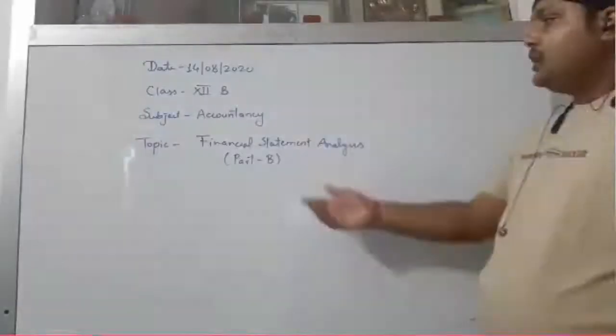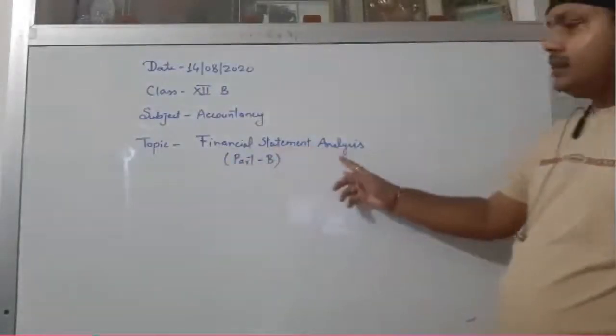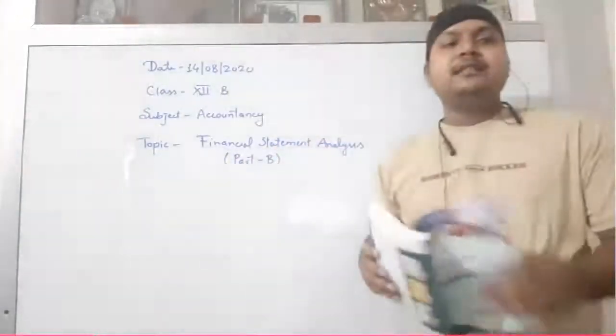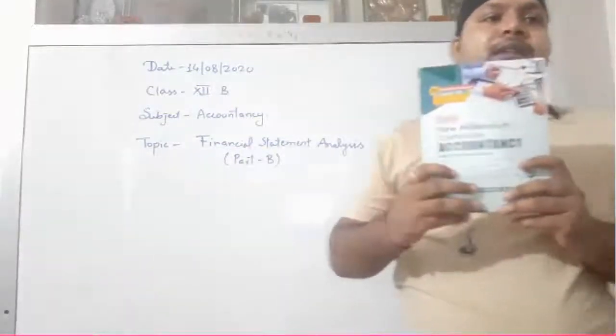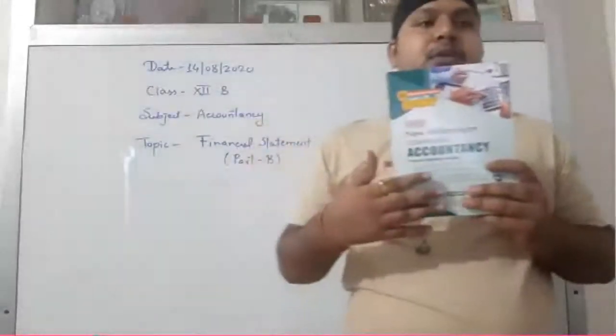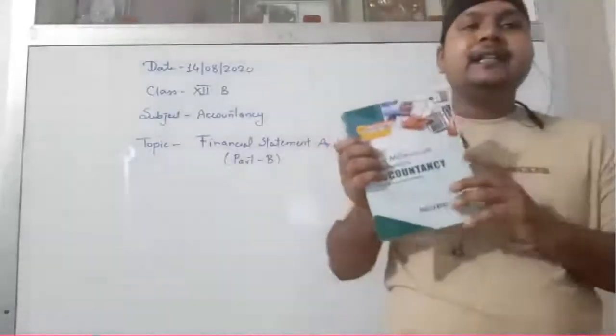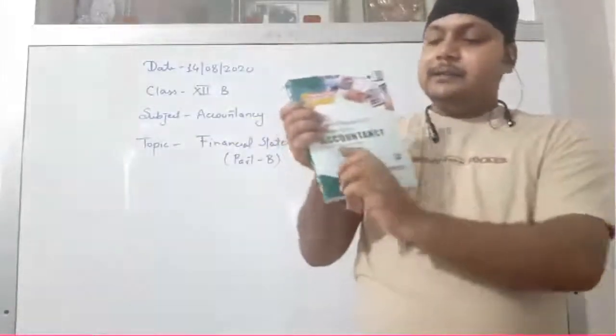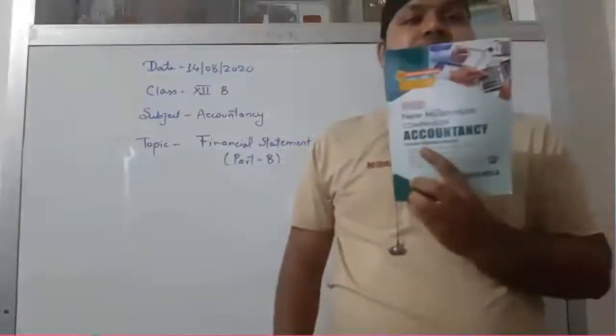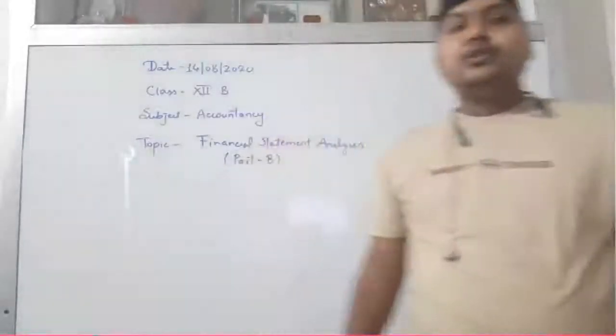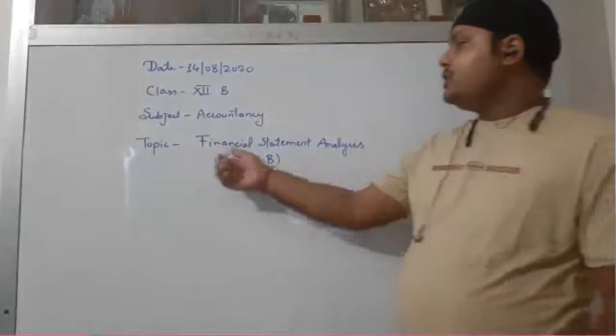The name of Part B is financial statement analysis. If you see the book of your Part B, and look at its title, the title of the Part B book is financial statement analysis. So Part B includes financial statement analysis.